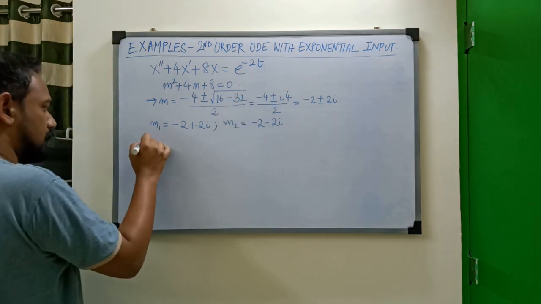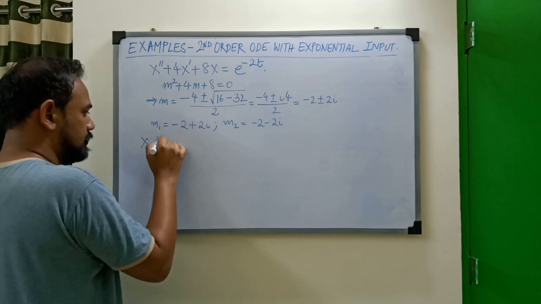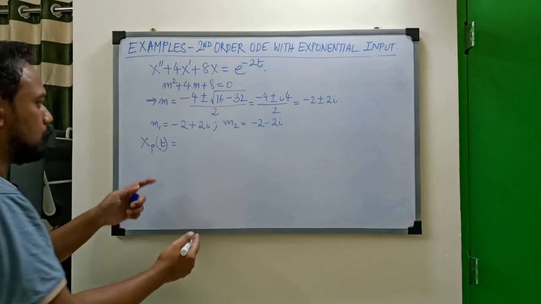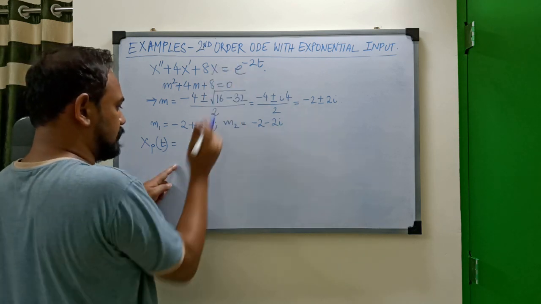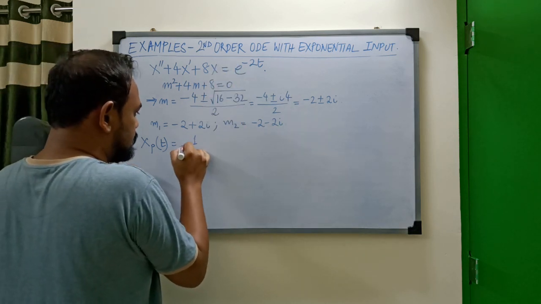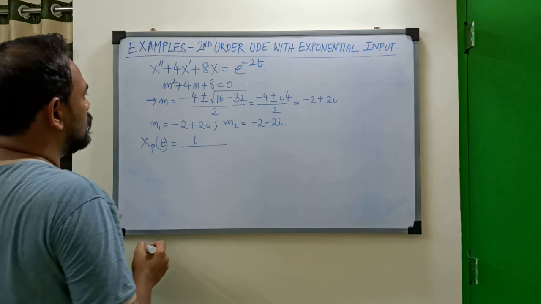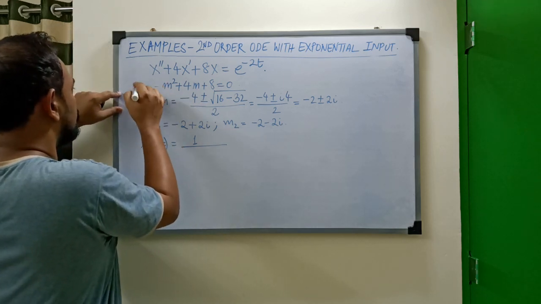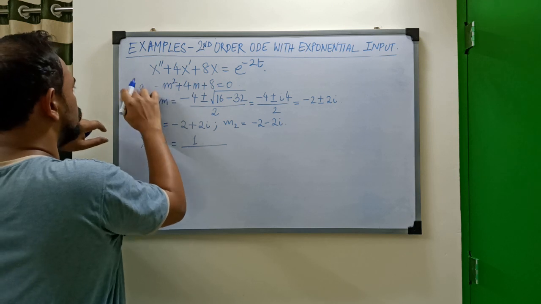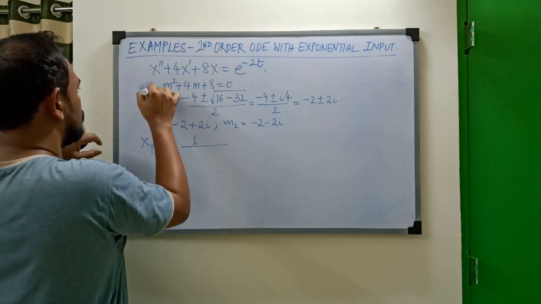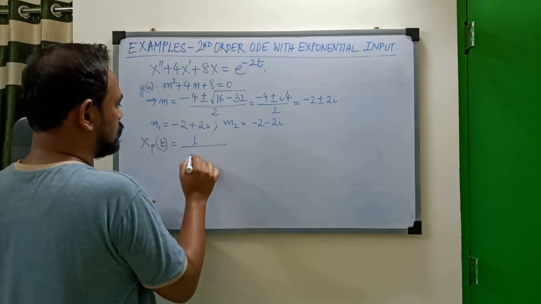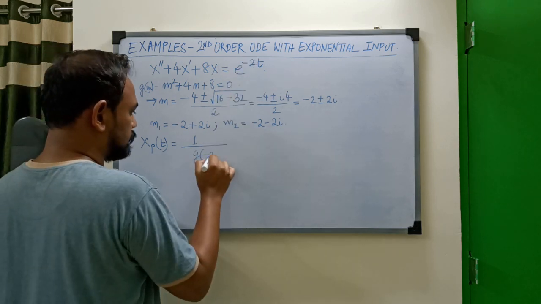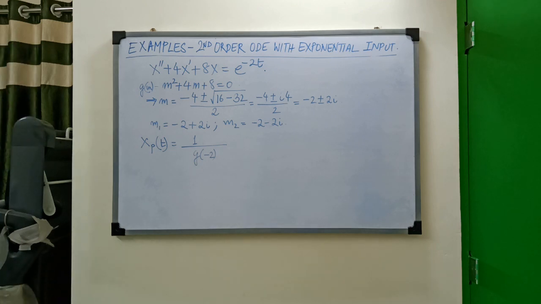Therefore, the particular solution of this differential equation will be the first case, which is capital A, or this factor here, which is 1 in this case, divided by G of a, which is minus 2.